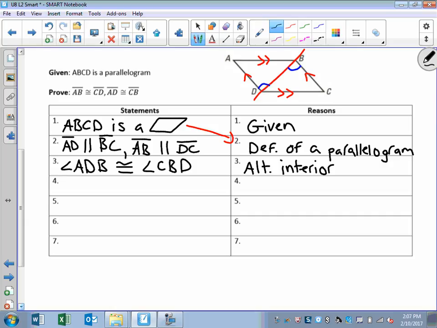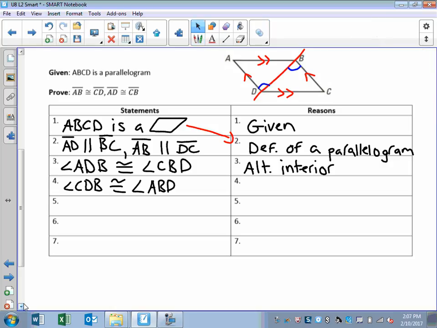We also know another set of alternate interior angles: angle CDB is congruent to angle ABD. Again, they're on opposite sides of the transversal, so it's the same reason, alternate interior.